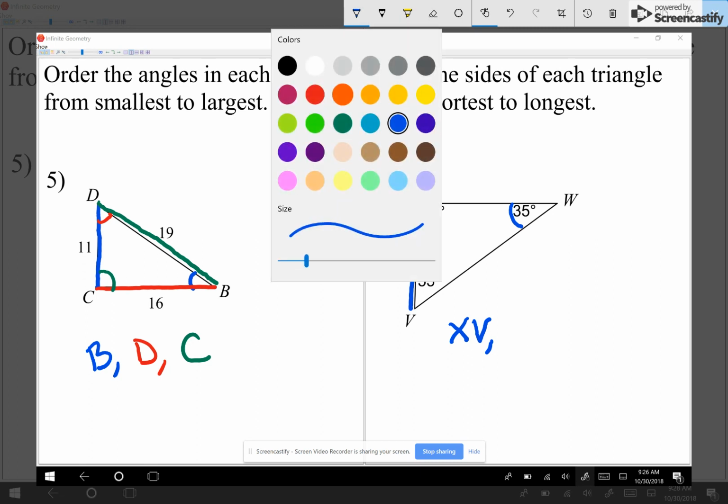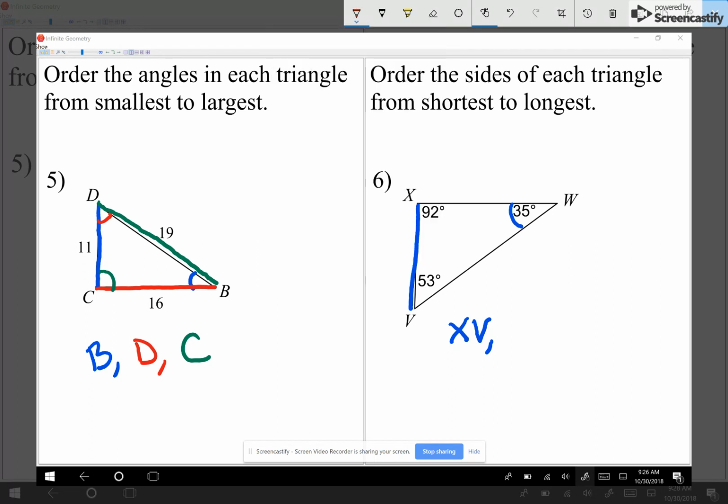Then the medium angle in this case is 53, which is opposite from this side, which I'm going to call XW. And the biggest angle I see is 92. The biggest side in this case is WV. Once again, the smallest angle is opposite from the smallest side, and the biggest angle is opposite from the biggest side.